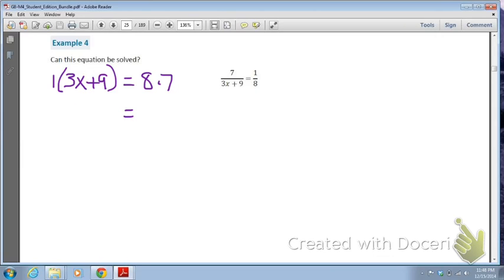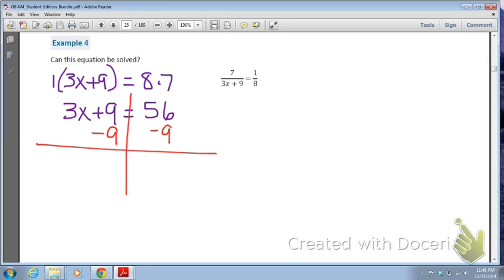So 3x plus 9 is equal to 56. All right, this one's going to be a little more straightforward. Subtract 9 from both sides. And I'm getting closer to a solution. So this is 3x is equal to 56 minus 9, which is going to be 47.